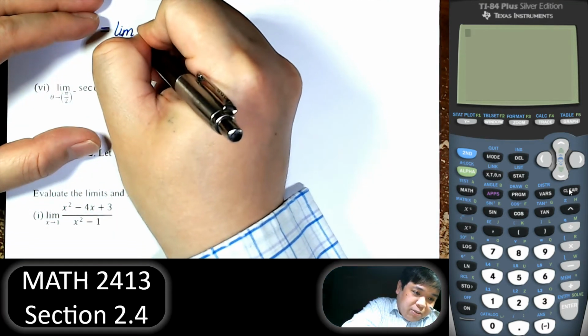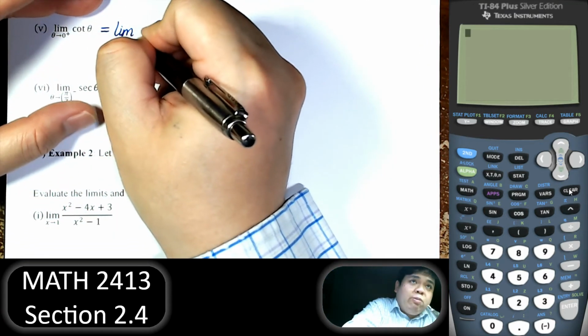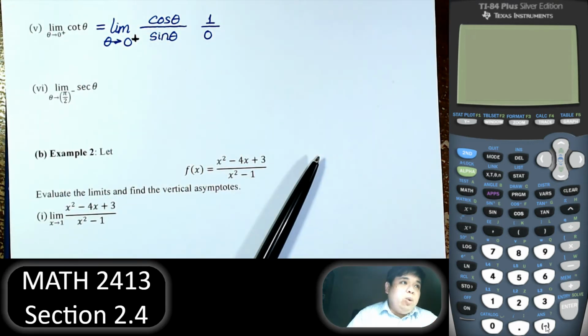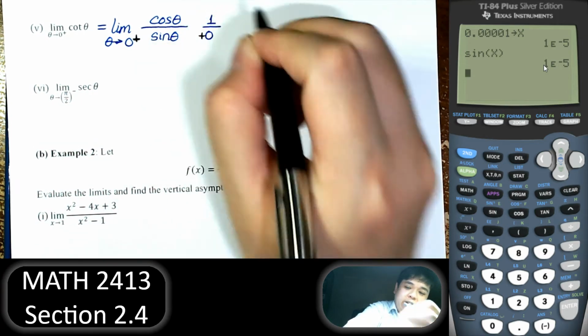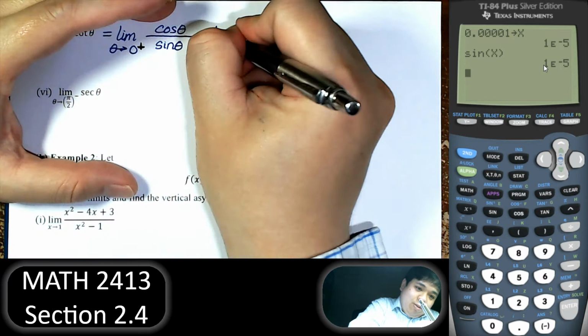when we go to a number. Now, if we go to 0 from the plus side, that is easy. We can just say it's 0.0001. Close enough, good enough. Store to x. And then what is the sign of that value? It is positive. Positive divided by positive is positive.